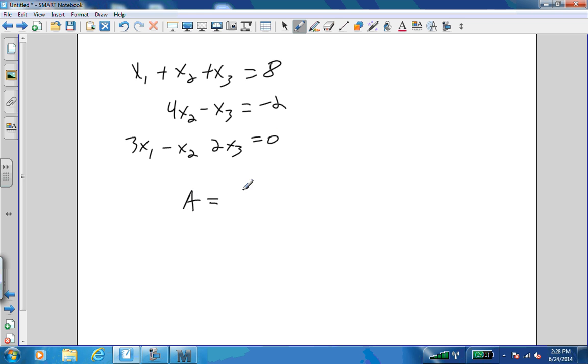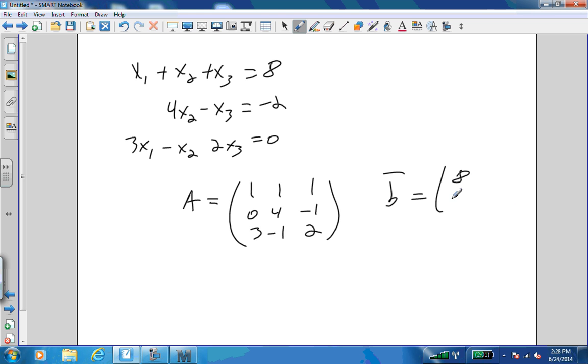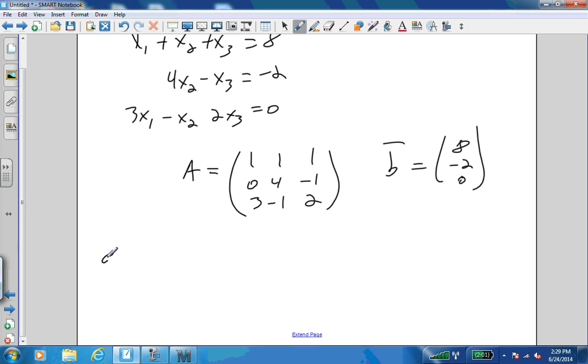So our A is 1, 1, 1, 0, 4, negative 1, 3, negative 1, 2. B is 8, negative 2, 0. So D is the determinant of A.